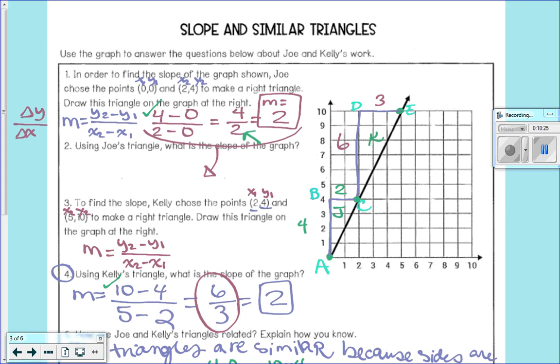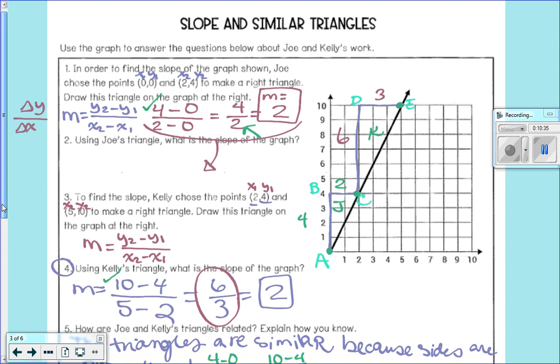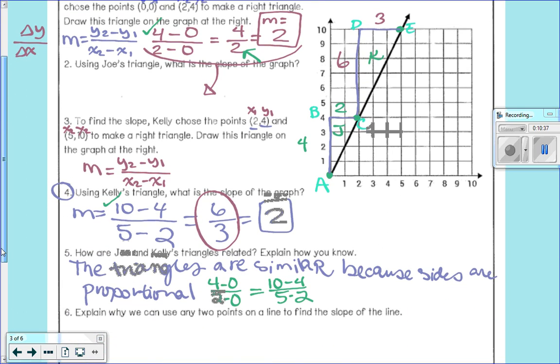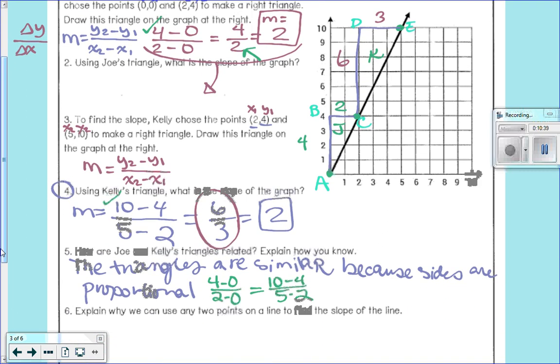All right. Now, if we're going to make a proportion using this formula, we always want to do our rise over our run, right? So we can use what we learned yesterday. We're going to write it just right here, okay? So let's focus on Joe's triangle.